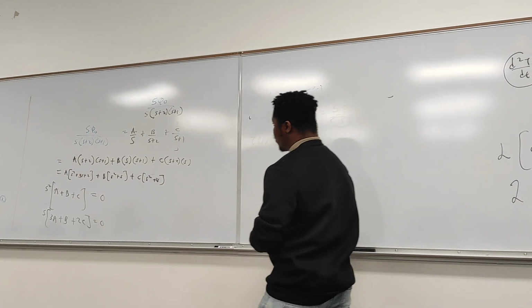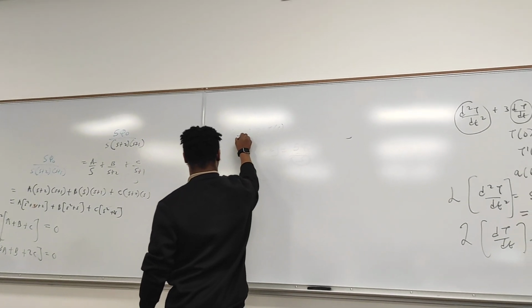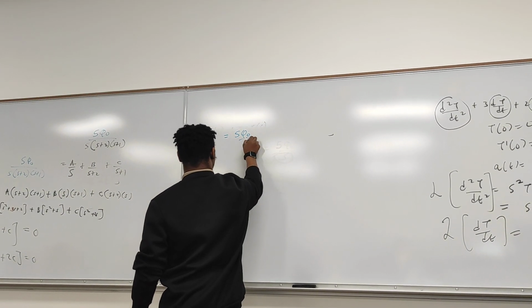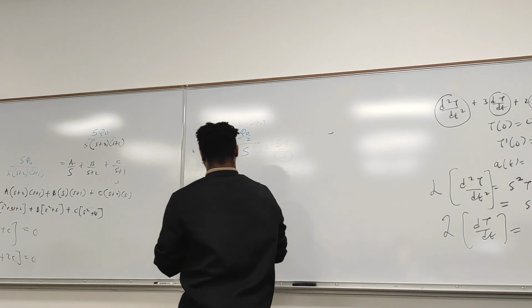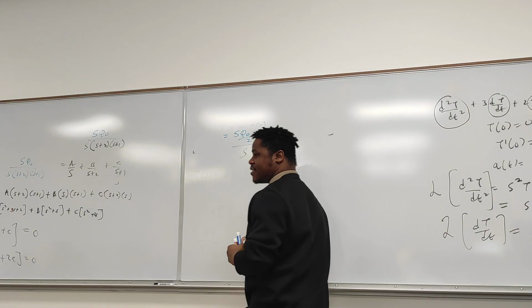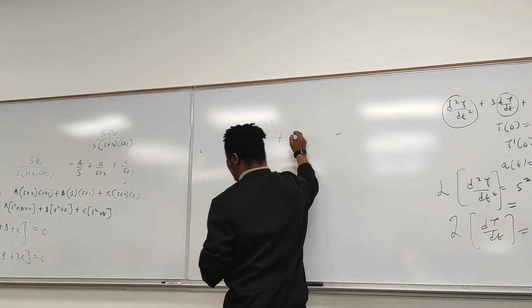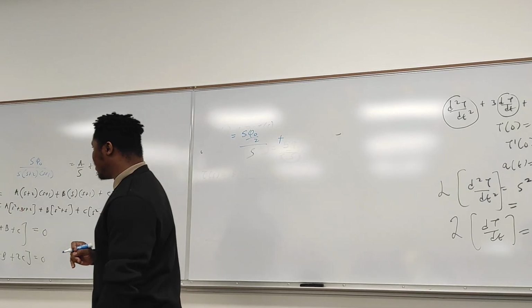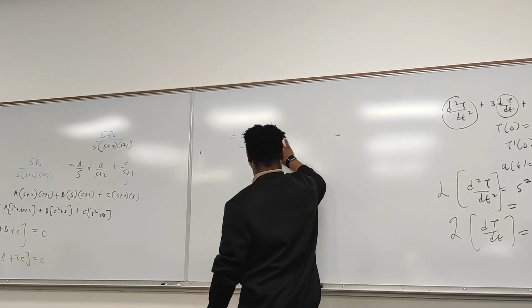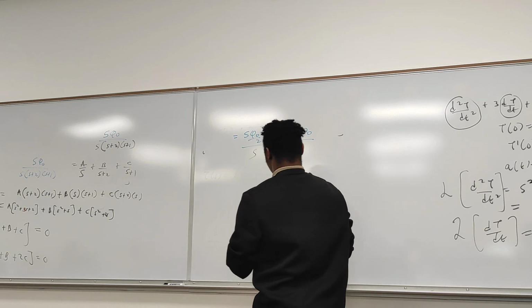Okay, so our equation becomes A over S. Our A is 5Q naught over 2, so that becomes 5Q naught over 2 divided by S. Let me use S in black, so we know the difference between S and 5. Plus B over S plus 2. Our B is minus 5Q naught, so that changes this to minus 5Q naught over S plus 2.